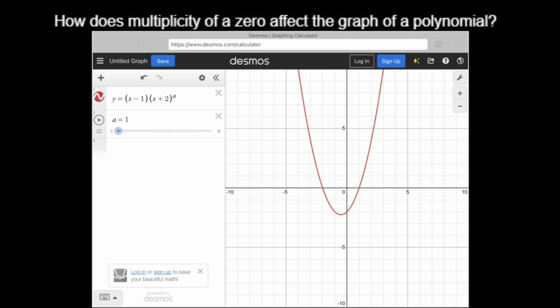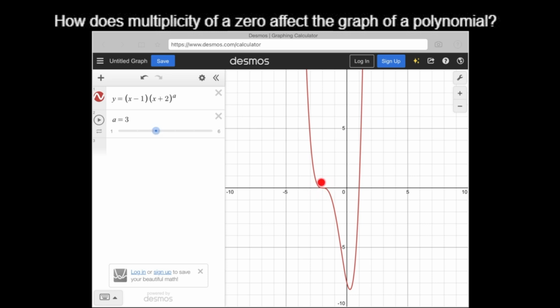So as I drag this through, you're going to notice some stuff happens. If I change it to 2, you'll notice that the root at 1 still has the same basic shape, goes straight through the line. But you'll notice it no longer goes through right here. I'm going to continue to go through and change it further. So I'm going to go to 3. You'll see it has changed back now.